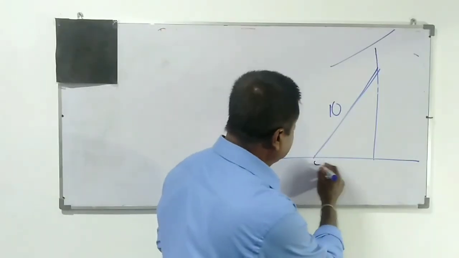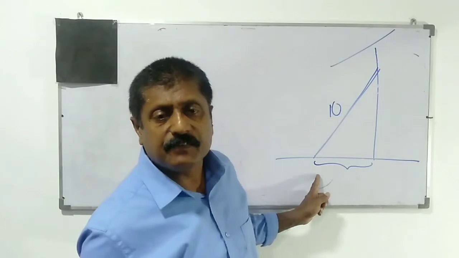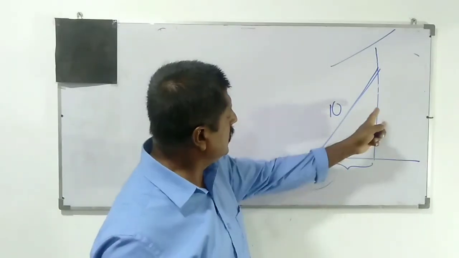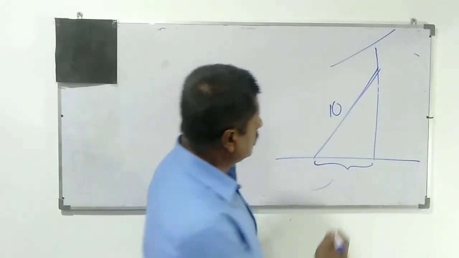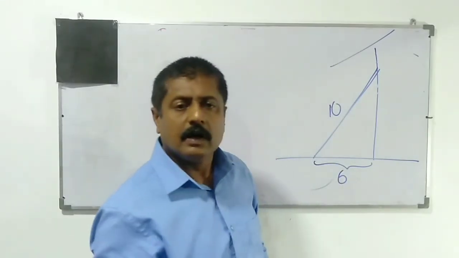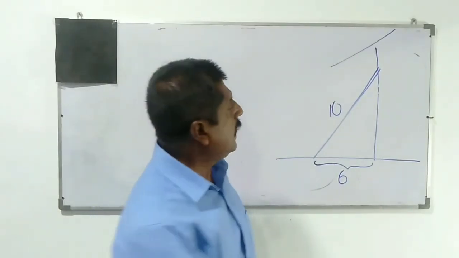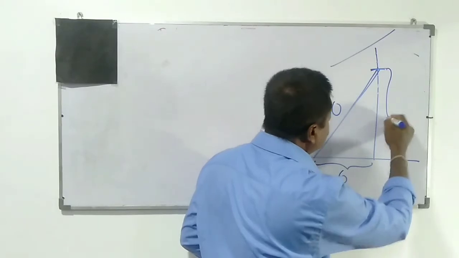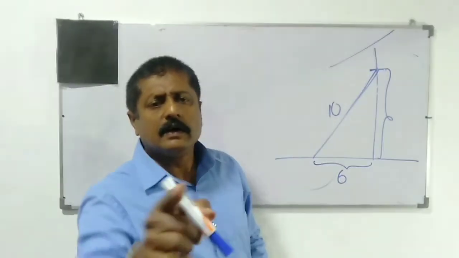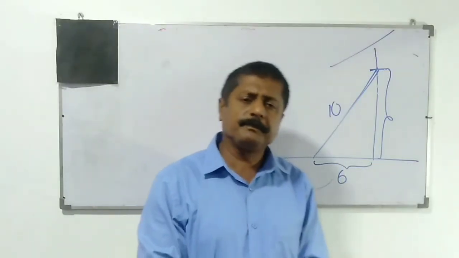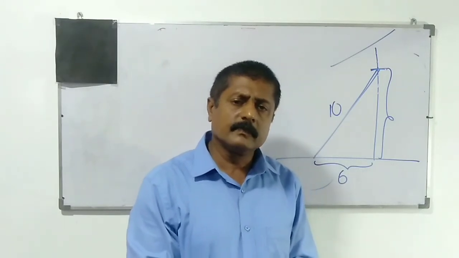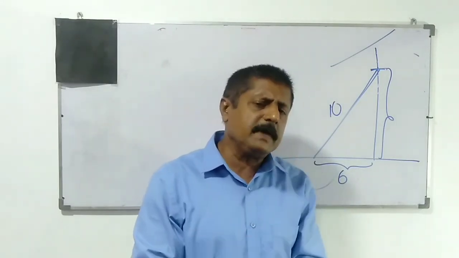And the distance between the wall and the foot of the ladder is 6. They ask you at what height the ladder touches the wall. You get questions in this manner.